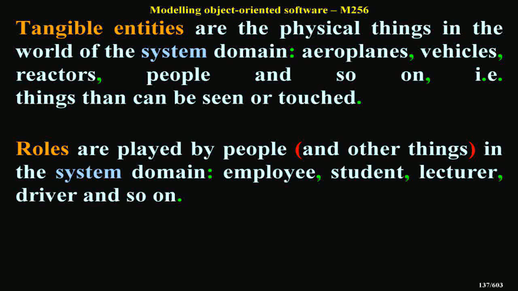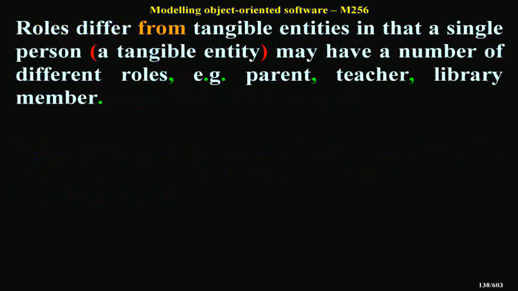Roles are played by people and other things in the system domain: employee, student, lecturer, driver and so on. Roles differ from tangible entities in that a single person, a tangible entity, may have a number of different roles, e.g., parent, teacher, library member.